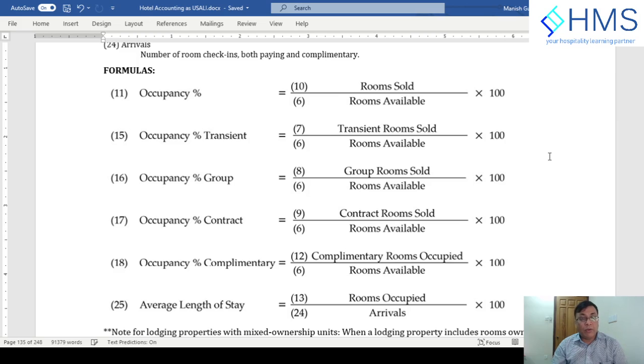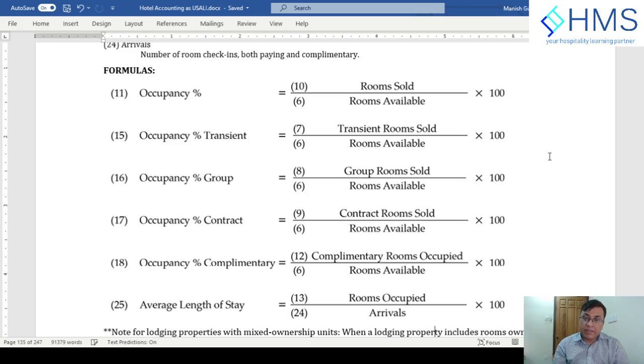So that's why the hotel technically will never be 100% occupied in the P&L, unless there are no complementary rooms, no house use rooms, and the hotel is really full with paying guests only. Then in that case it will be 100%. In the rest of the cases it will not be 100%.